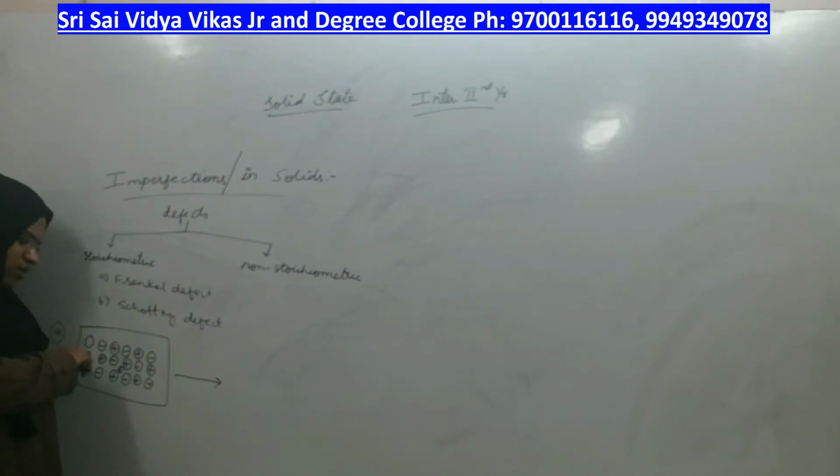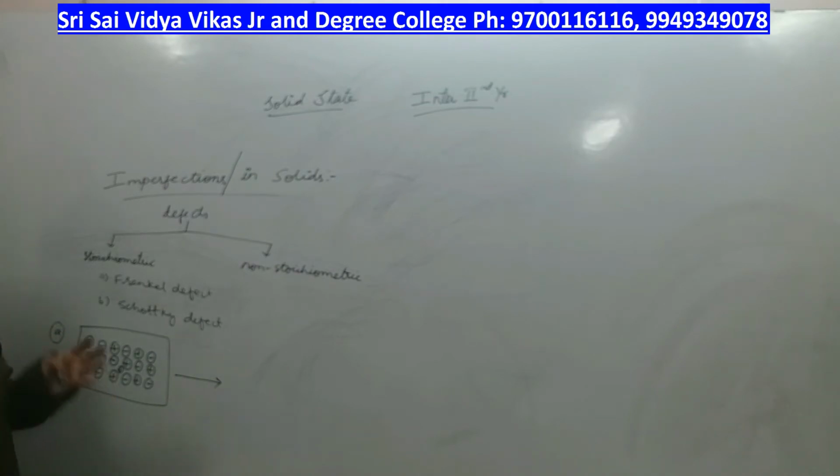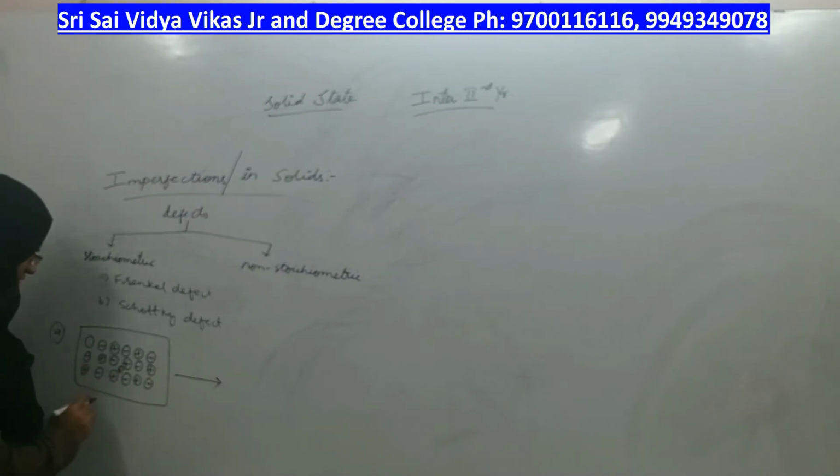So cations only can come out from their place and take the interstitial position, and this type of defect is not going to change the density of the solid, because neither the cation nor the anion is completely coming out from the crystal. Is it coming out from the crystal lattice? No, it is still remaining in the crystal lattice only, but not sitting at its place, coming to an interstitial position, right? This type of defect is called Frenkel defect.